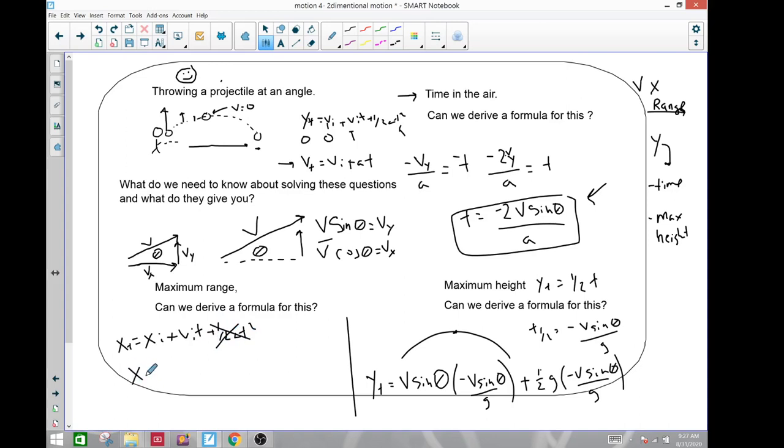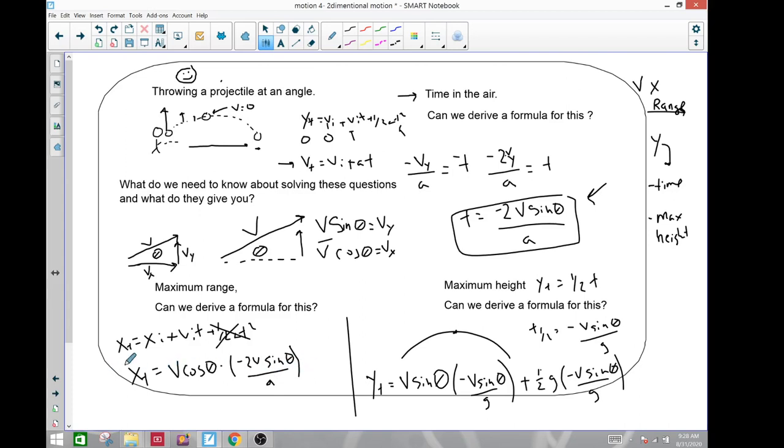This is what we get. x(t) equals x initial, which is 0, so it's just velocity initial. The velocity initial is the velocity vector times the cosine of the angle, and then times time. Well, time is right here: -2 times the velocity vector times the sine of the angle divided by the acceleration of gravity, and there we go.